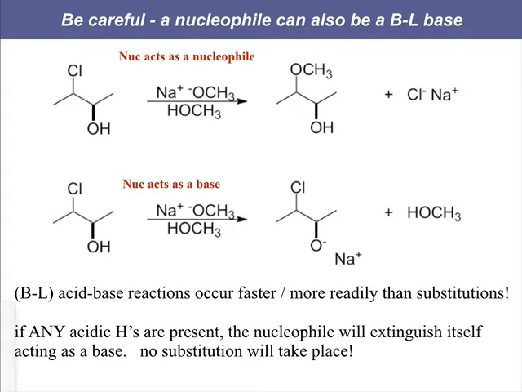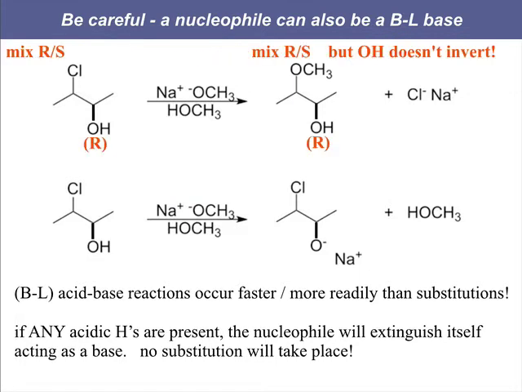I want to point something else out here. I've drawn this OH specifically as a wedge, meaning that this is going to be in the R configuration. If you want to prove to yourself that this is R, you can do that. This is in the R configuration.